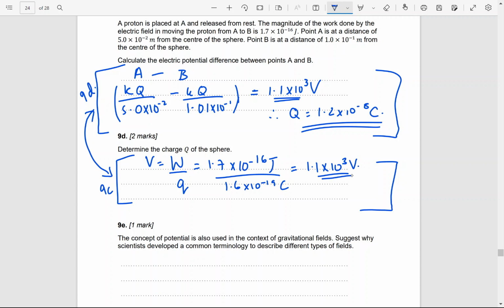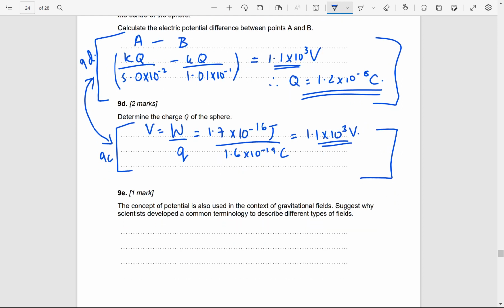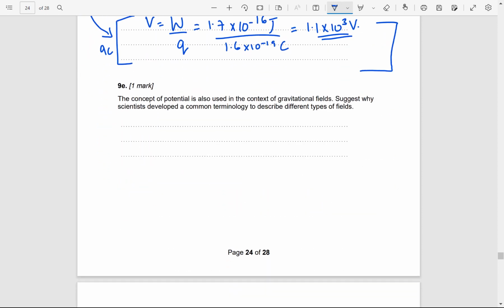We know that the electric potential difference equals KQ over R minus KQ over R. Plug all that in, rearrange for Q, and you get Q equals 1.2 times 10 to the minus 8. I'm really sorry, guys, for getting that all screwed up.